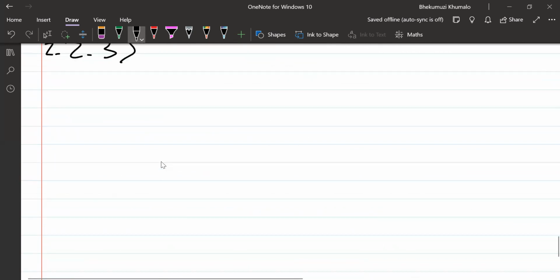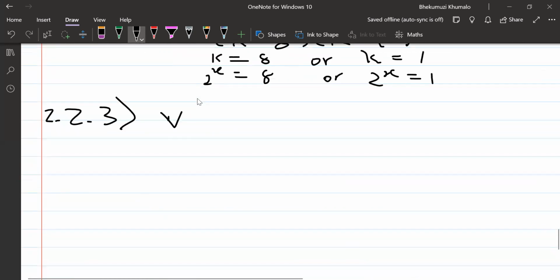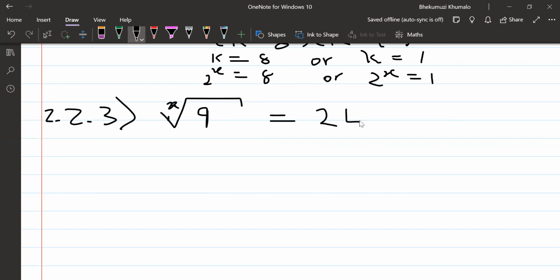It looks interesting. So it is the xth root of 9, that is equal to 243. Now, remember with your surds, they are actually fractions, right?